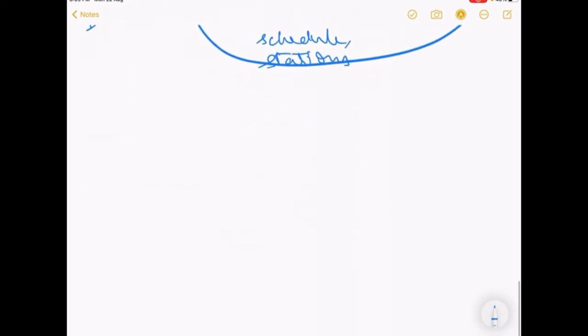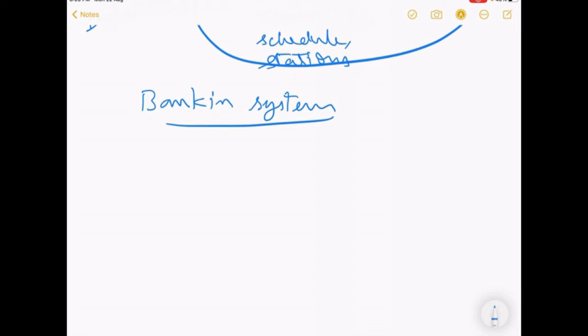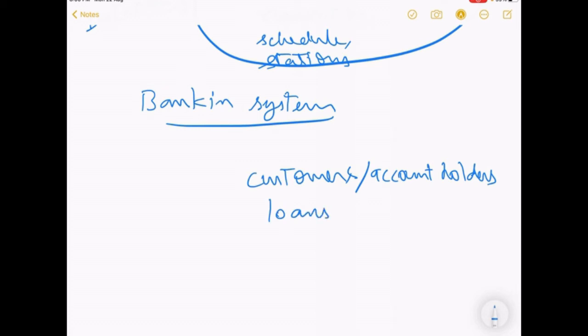Similarly, in a banking system, we also have a database. So the database has data about customers, here they are the account holders, and data about loans, data about defaulters, those who could not return the loan to the bank in time, and other related data.